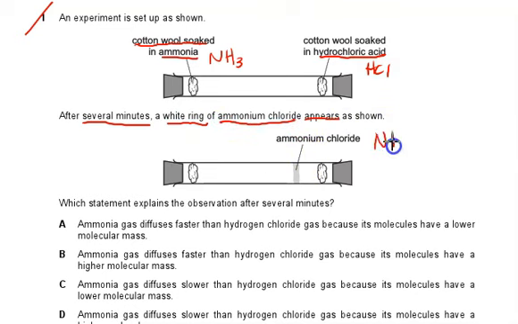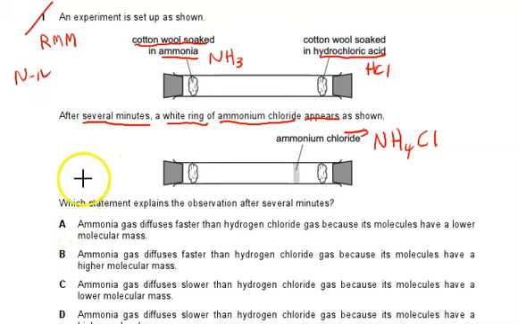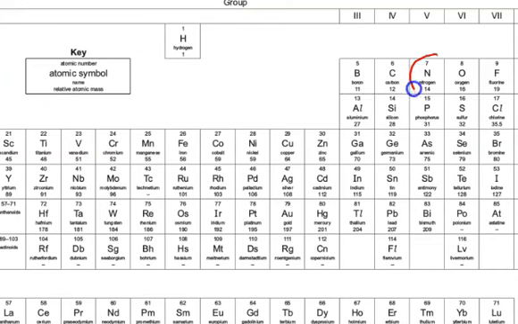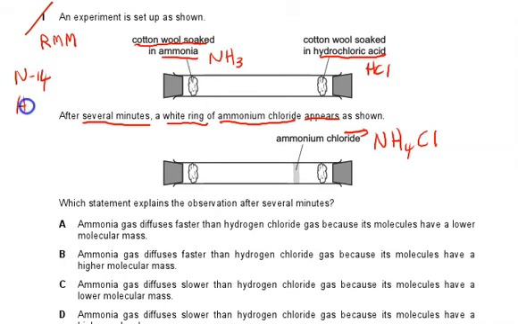The ammonium chloride is NH4Cl, so this is the formula. First we have to get their RMM values. Nitrogen is 14, hydrogen is 1, and chlorine is 35.